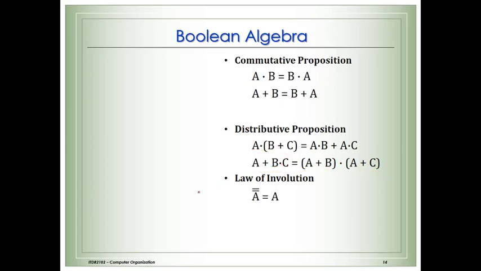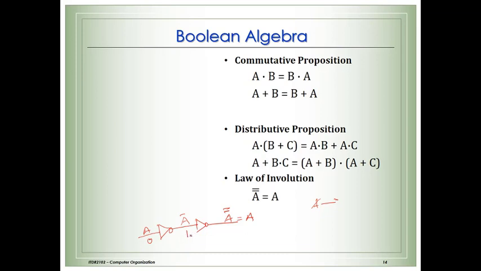Then we have the law of involution. If A is the input and you pass it through one NOT gate, you will get A not. Then you pass it through another NOT gate, and you will get A not's not, which is equivalent to A. Take an example. If it was 0, it will become 1, right?